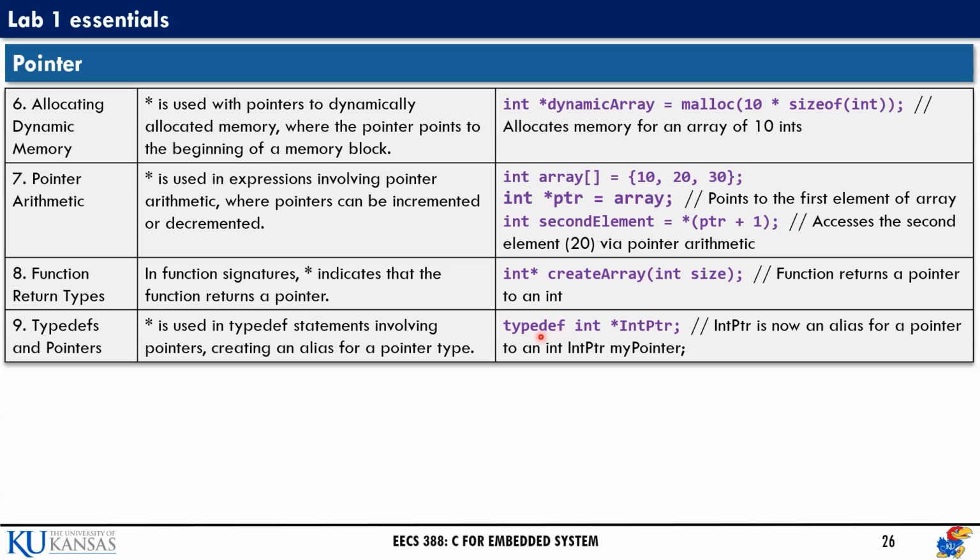Basically you're creating your own definition, your type definition. So for example, this int pointer you created, next time you can use this int pointer as a type. So if you write, for example, intptr a, you don't have to use the pointer notation, because you already declared this type as a pointer to an integer.